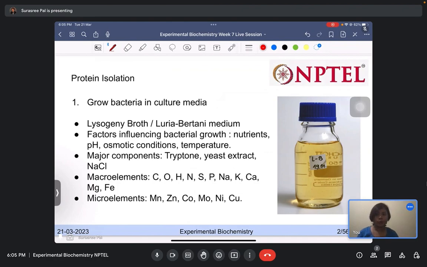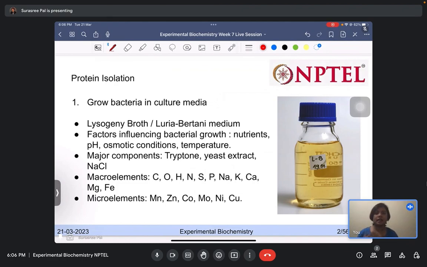It is understandable that if we express proteins in bacterial systems, it becomes much easier to handle bacterial cells and to express large quantities of proteins from it. We can also use yeast to express several proteins. We can also use insect cells.